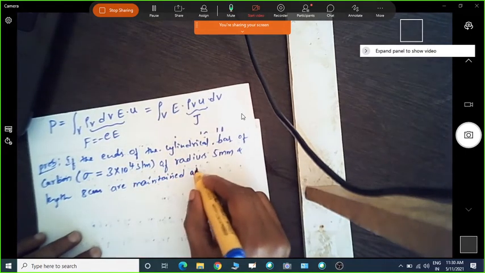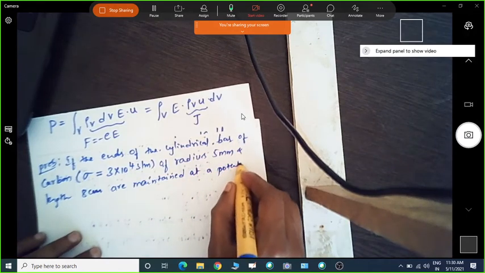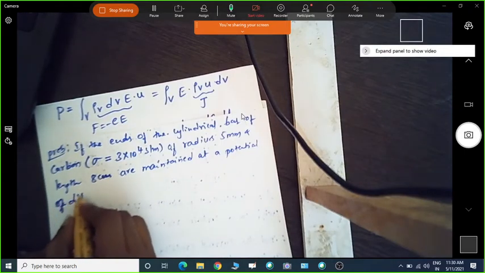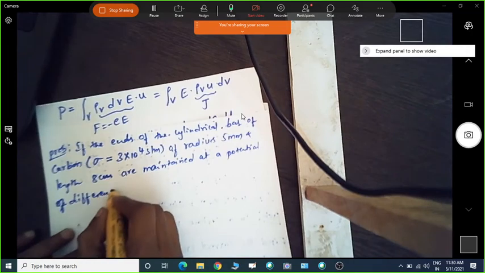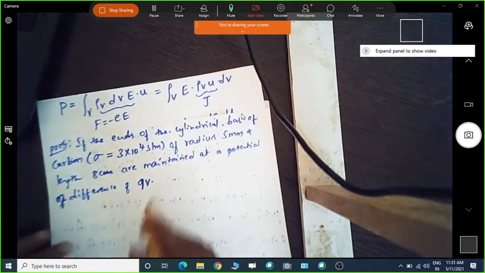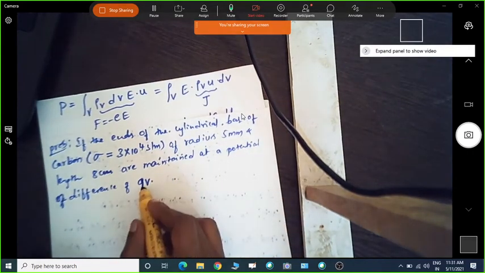at a potential difference of 9 volt. So the voltage between two ends of that cylindrical bar is 9 volt.